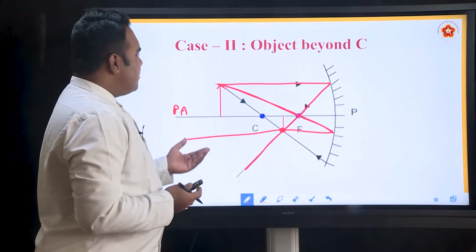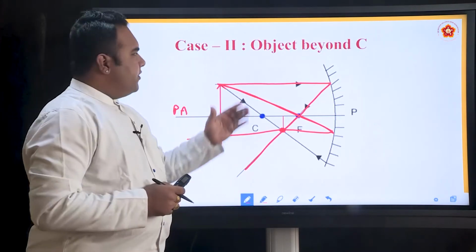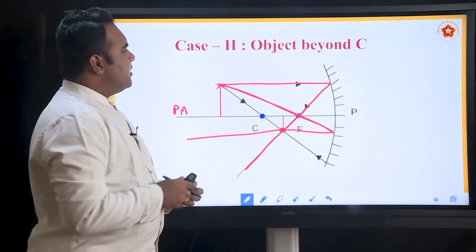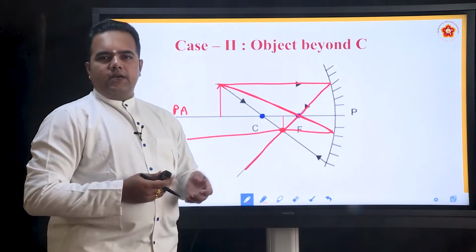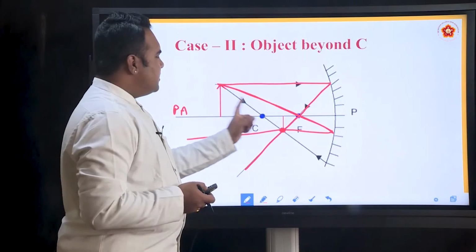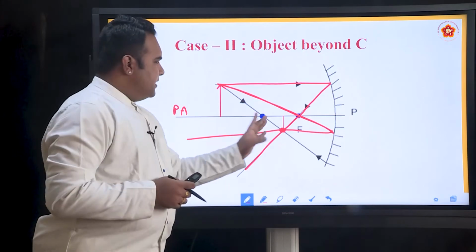So, in case you are wondering why we should use rule 1 and rule 3 only: whenever you are drawing the image formation for a concave mirror or convex mirror, out of the 3 main rules that we have stated in the previous lecture, you can pick any 2 rules so that the image is formed correctly at the same distance.